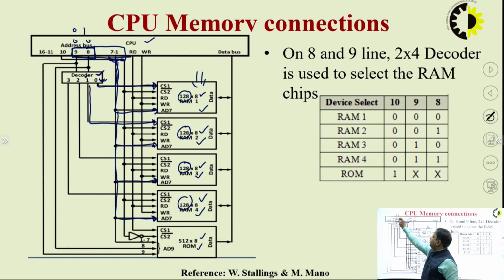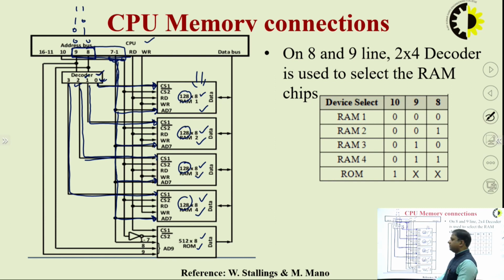Similarly 1 0, RAM 2 will be selected, and similarly if it is 1 1, RAM 3 will be selected, right? So in this way these two digits decide which RAM will be selected.